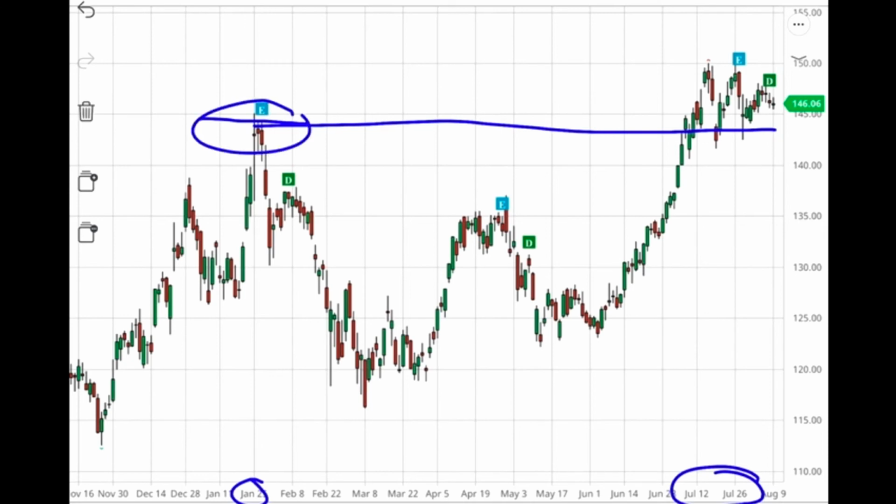So now this resistance line has now become the level of support. And this is a really good indicator that potentially the stock price has found a new level of support and will continue to go up and maybe create a new level of resistance.